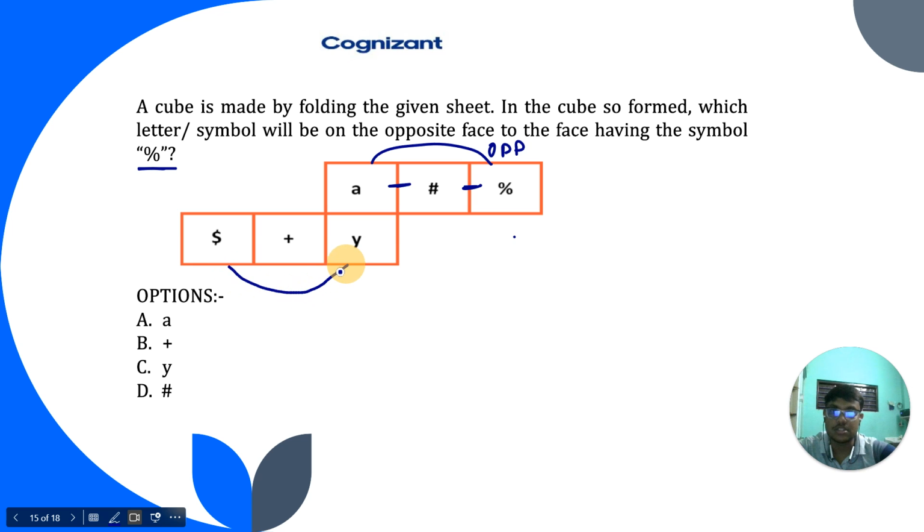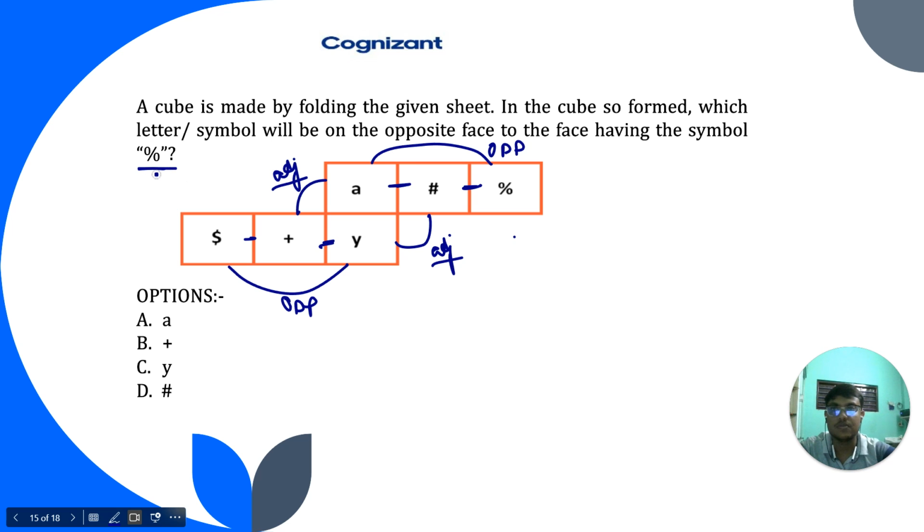So for this case also, these two boxes would be opposite to one another and these two boxes would be adjacent to one another. Also this box and this box would be adjacent to each other and these two boxes would also be adjacent to each other. I hope up to this it is clear.